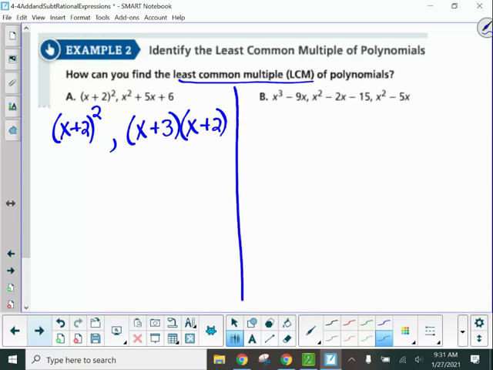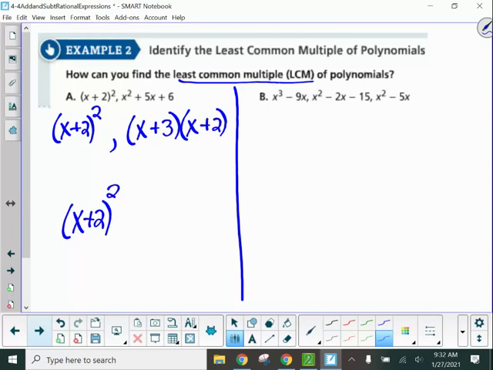As a rule, whenever you are finding the least common multiple, every factor has to be present, and you have to use the highest exponent of every factor. So the first set of parentheses I have is x plus 2. Notice it occurs with the first polynomial and with the second polynomial. The highest degree is 2, so 2 is what has to go in my least common multiple.